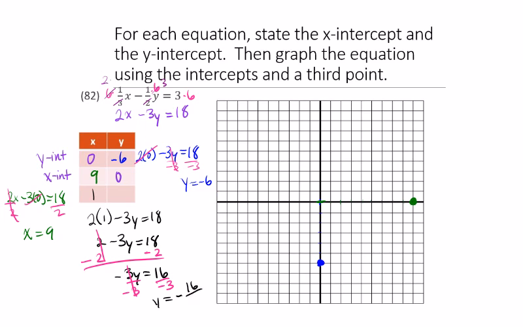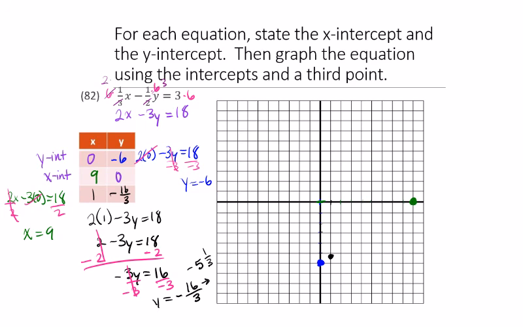Can't simplify that. We could convert it to a mixed number, so it'd be negative 5 and a third, right? So when x equals 1, y equals negative 16 thirds, right? So when x equals 1, y equals negative 1, 2, 3, 4, 5, and a third. So something right there, right? Okay.